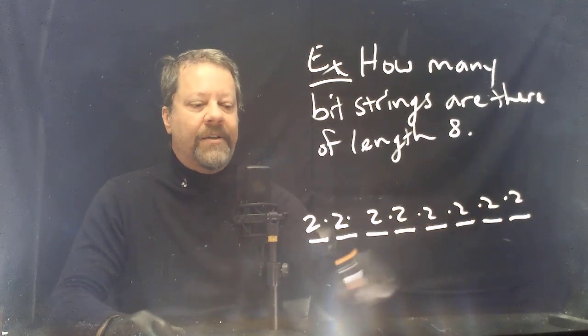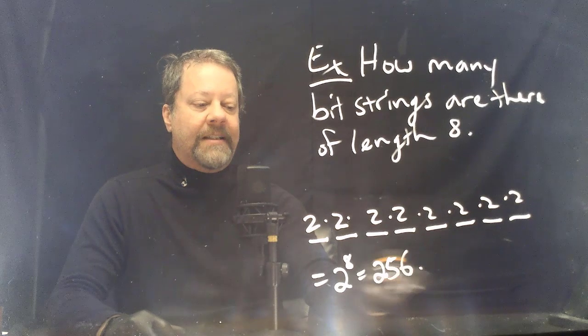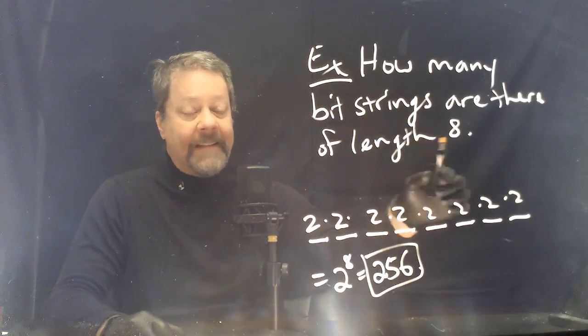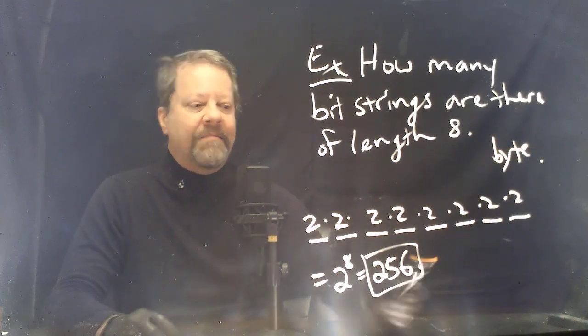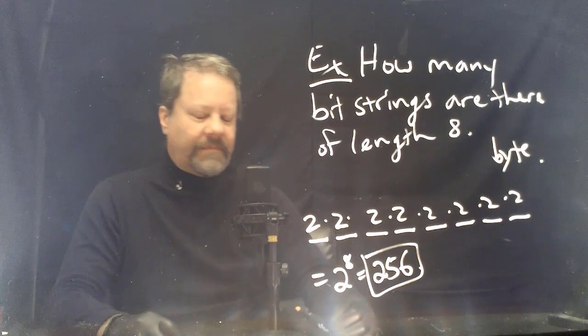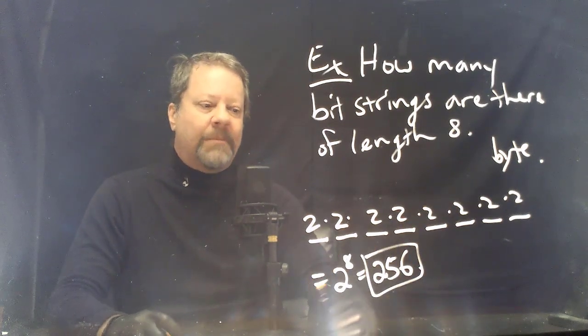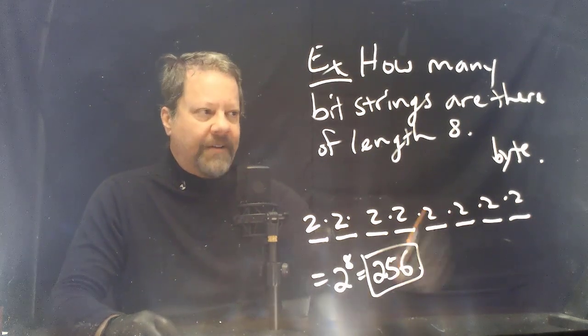That's 8 2s, 2 to the 8. That's 256. A bit string of length 8 is sometimes known as a byte, and the total number of bytes that are possible is 256. There are 256 possible values for each byte.